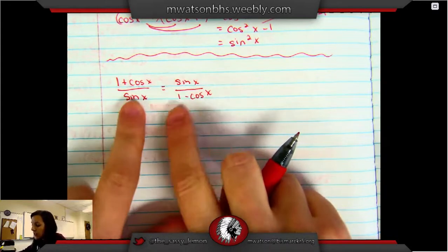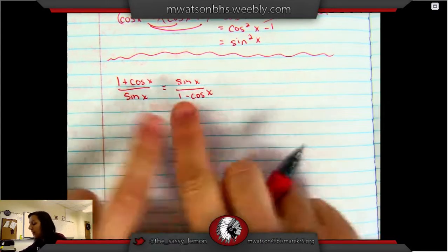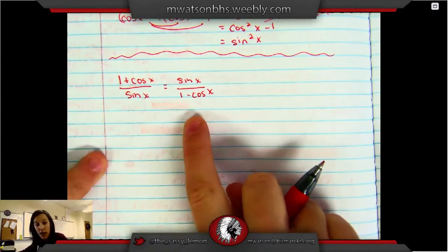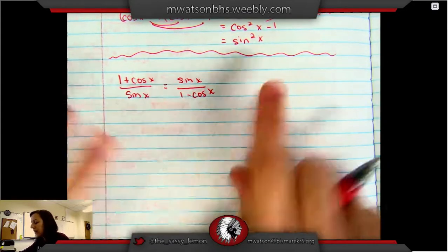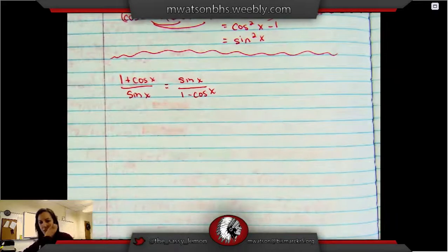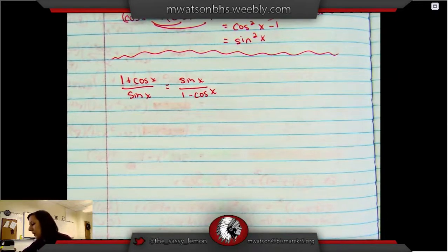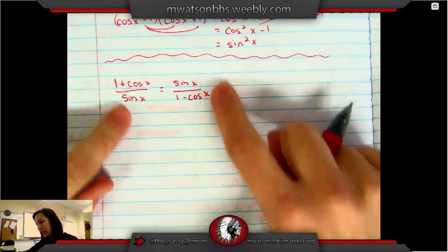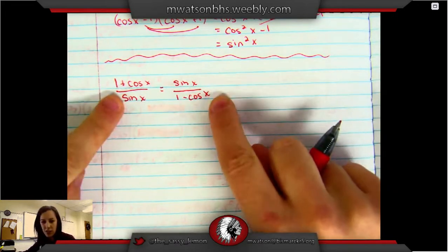If one of these sides had two pieces, then it might be easy to break apart a fraction. But I don't have that. They're both a fraction. And I can't change them to sines and cosines because they already are sines and cosines. And it kind of looks like they're almost the same. There's a relationship going on here.